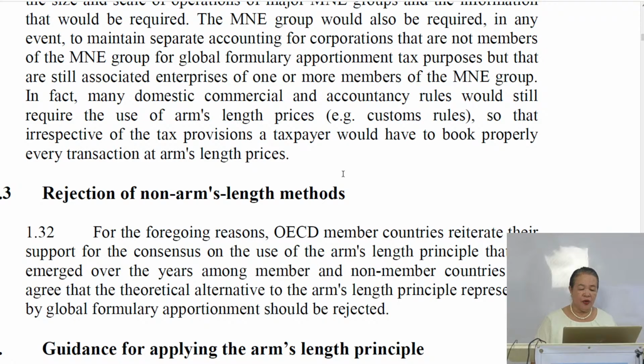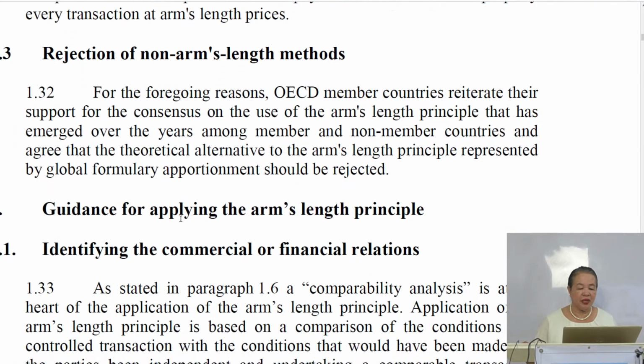In fact, many domestic, commercial, and accountancy rules would still require the use of arm's length prices, no? Customs rules, so that irrespective of the tax provisions, a taxpayer would have to book properly every transaction at arm's length prices. No? So, arm's length prices pa rin yung binabalikan.